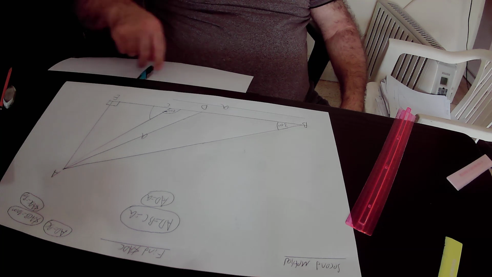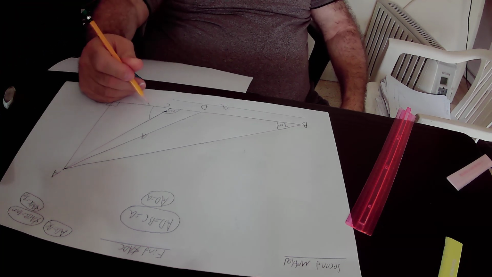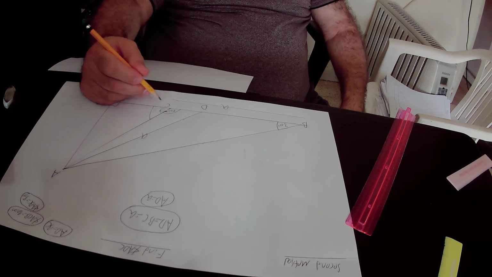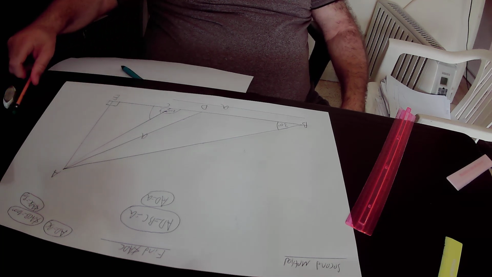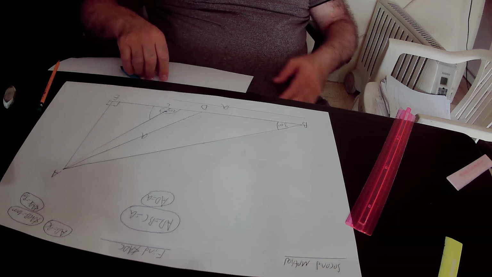So if we define angle ACE as Y, then according to the rule that I mentioned, 100 degrees plus angle Y must be equal to 180 degrees.